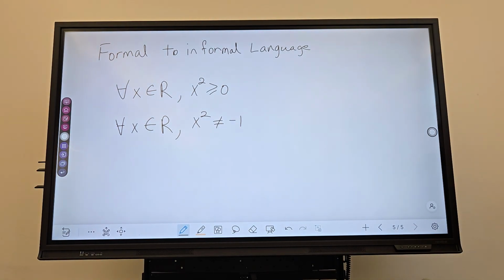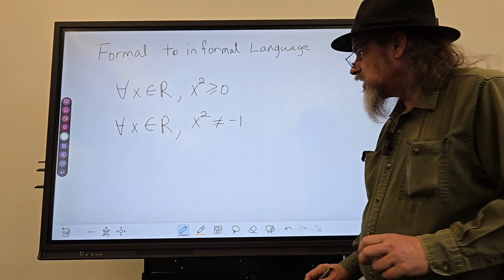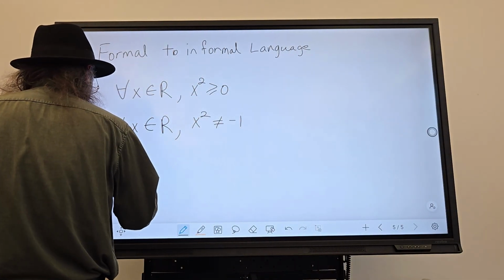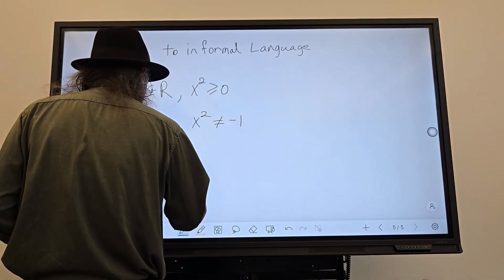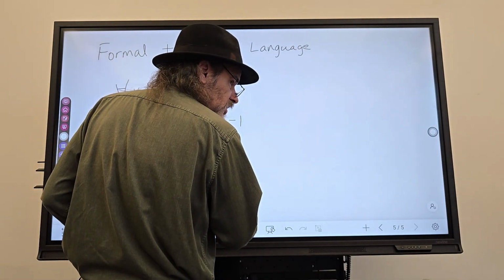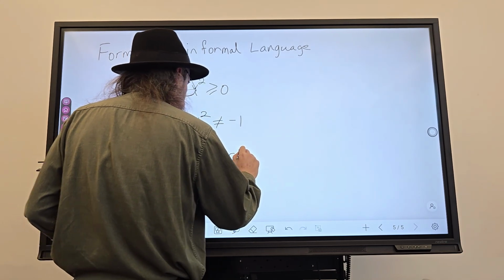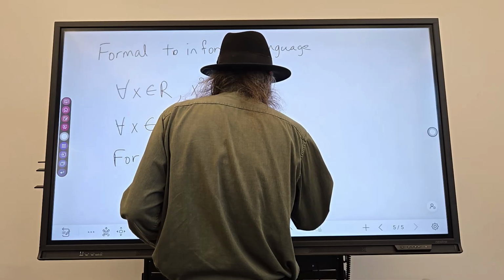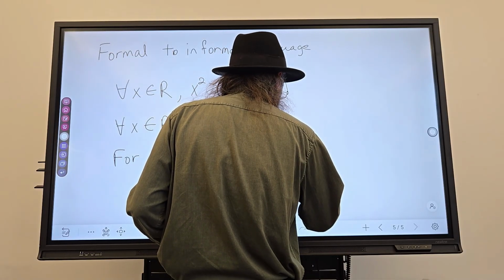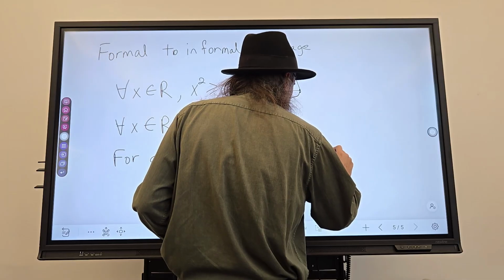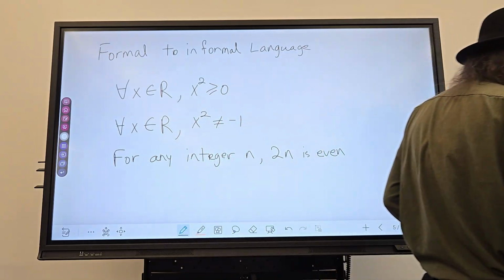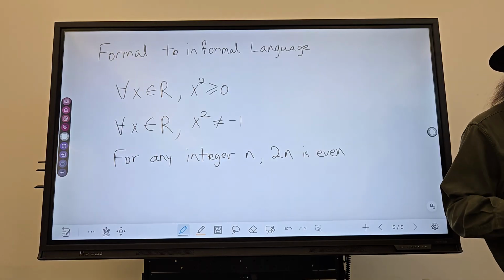What about saying the following statement so that the quantifier trails the rest of the sentence? For any integer n, 2n is even. Put the quantifier at the end.